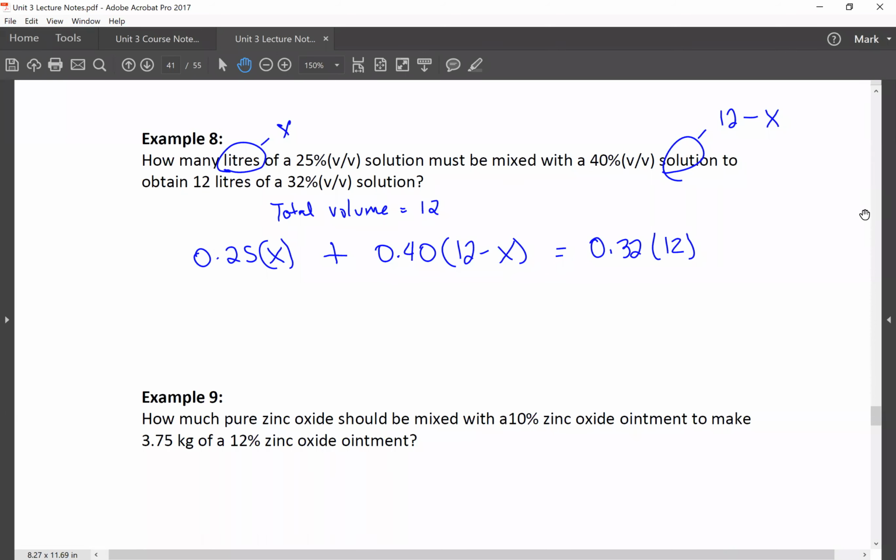Example number 8 is a little more difficult than example number 7 because I do have to multiply this out and solve for X. But now that I have it set up, it's easy.